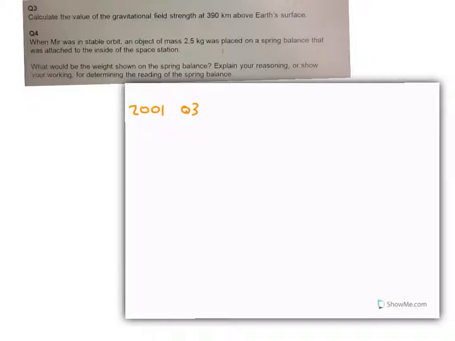Okay, now looking at question 3 from the 2001 paper, and this one continues on from the previous question. Calculate the value of the gravitational field strength at 390 kilometres above the Earth's surface. We did previously work out that the radius of the orbit was 6.79 by 10 to the 6 metres, so that comes in fairly handy for that one.